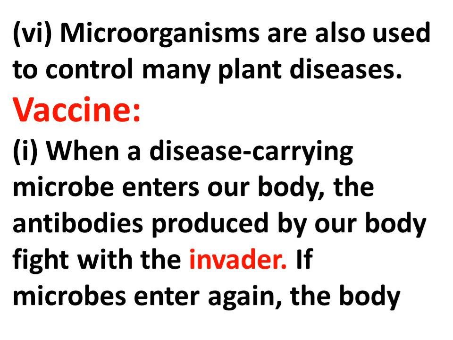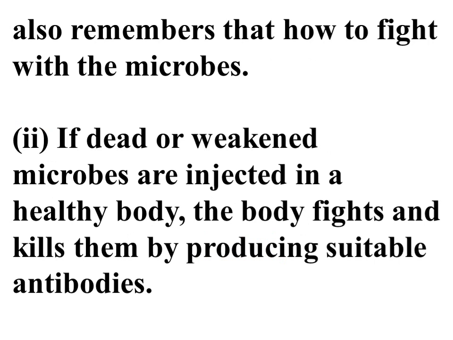Okay. So what happens in vaccination? We take a weak disease causing microbe, and we put the vaccination inside the person's body. Now what will happen? If the microbes enter the body again, the body also remembers how to fight them.